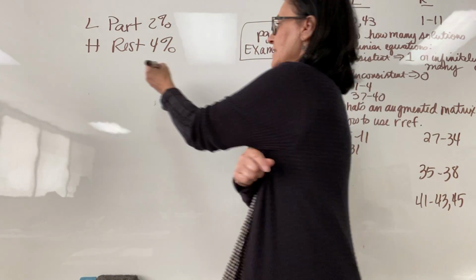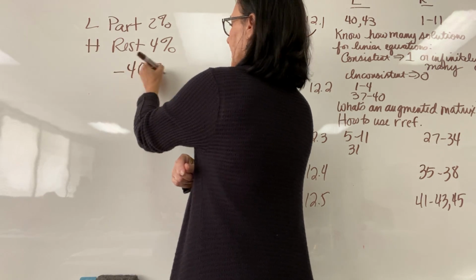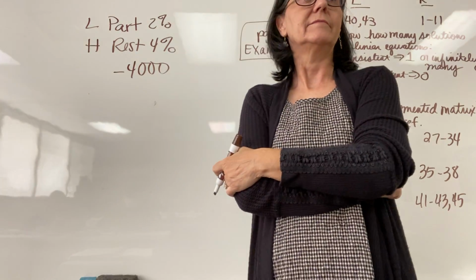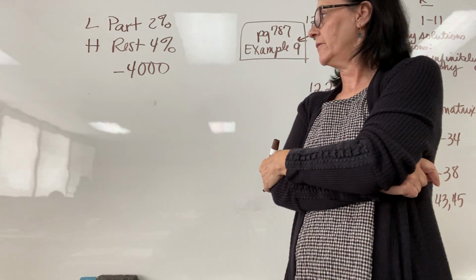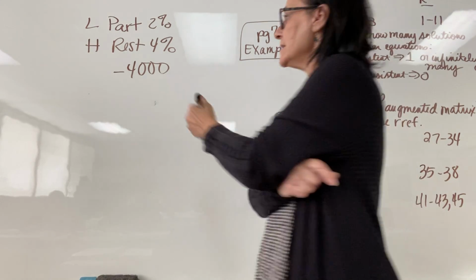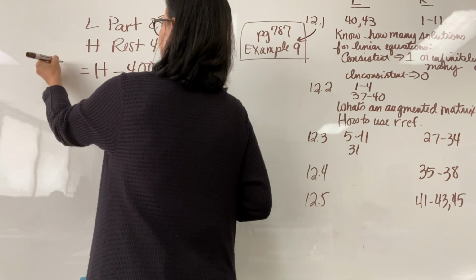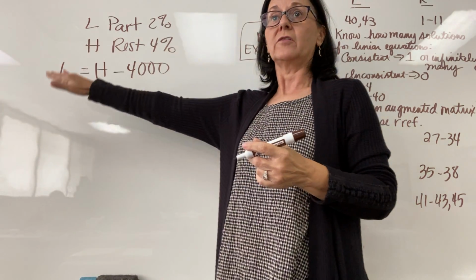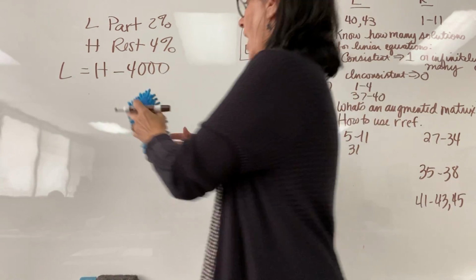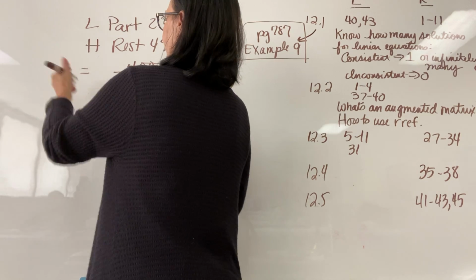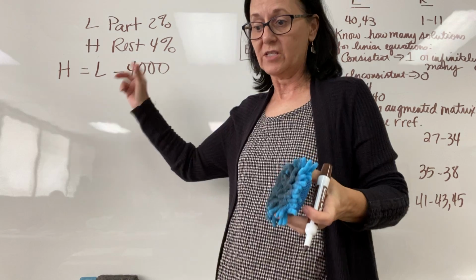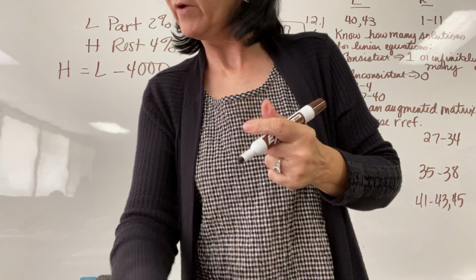Minus 4,000, right? 4,000 less in what account? Higher. Where does that go? Is it H minus 4,000 is L? This says the lower account has 4,000 less than the higher. But the higher account has 4,000 less than the lower. All right, so once you write it, think, is that really what it's saying?